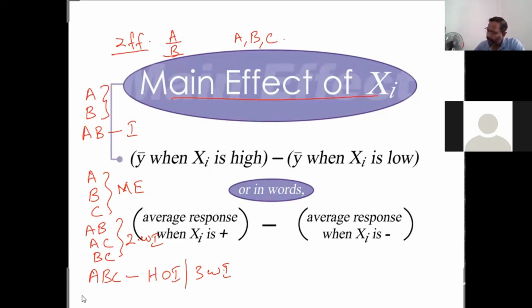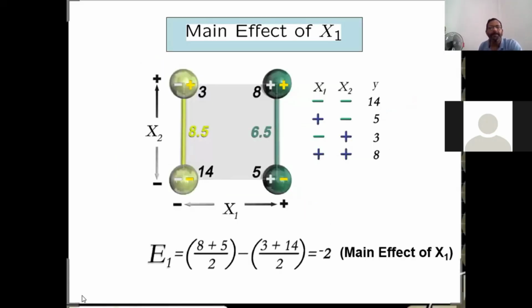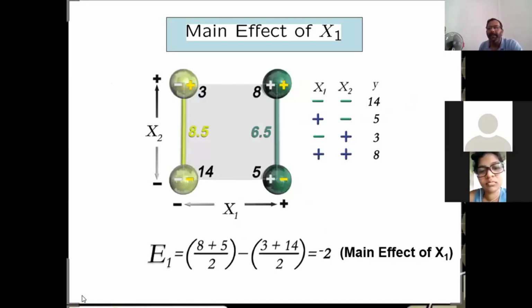Right, now coming back to the effects. The main effects, we can calculate between the levels. If you have 2 levels, it's easy. If you have 3 levels, we are seeing the difference between all the levels, right? So we calculated the main effect of first variable, x1 variable.